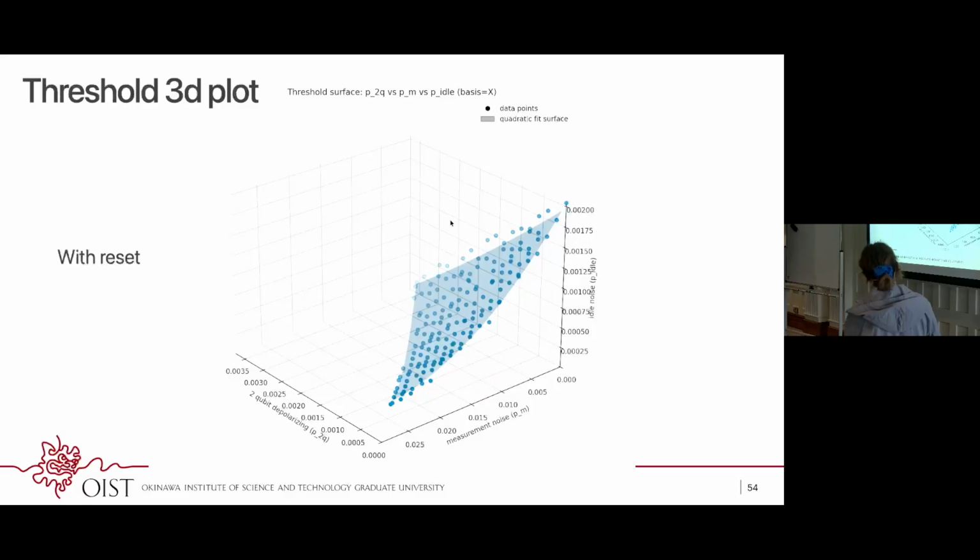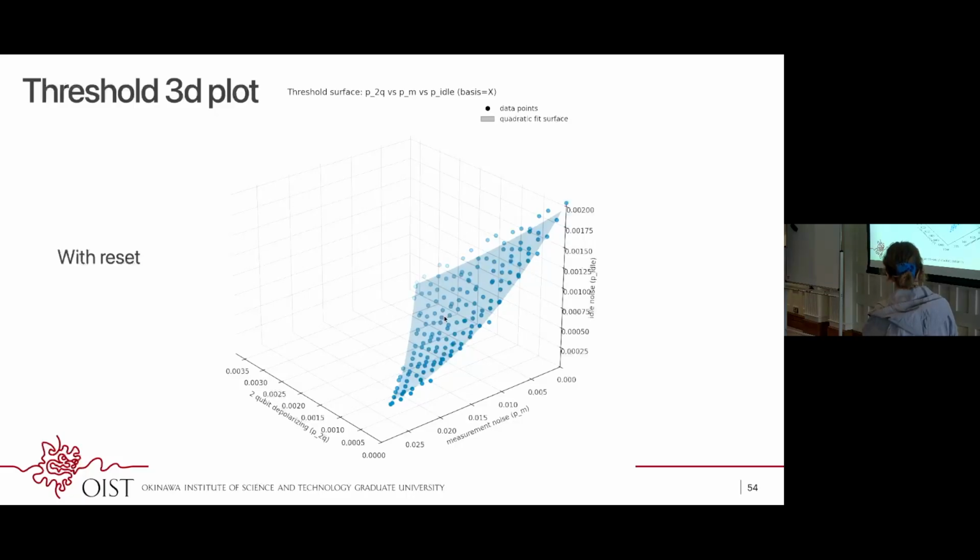The shaded triangle represents the quadratic fit of the surface. The region below the triangle shows the correctable region: for any noise ending up here, the logical error rate of this code can be suppressed by increasing the code size, but above this region is the uncorrectable region.